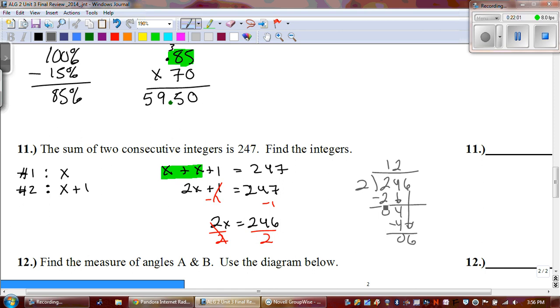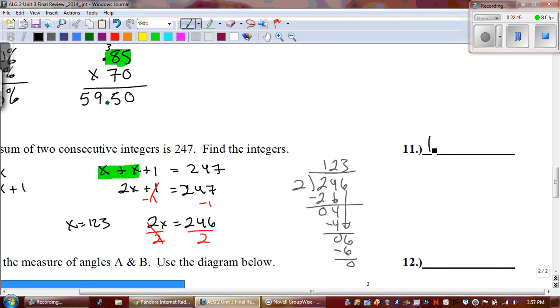Bring the 6 down, and 2 goes into 6 3 times. So it's asking for the 2 integers. If x equals 123, the number right after 123 would be 124.